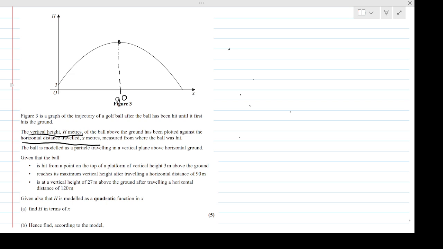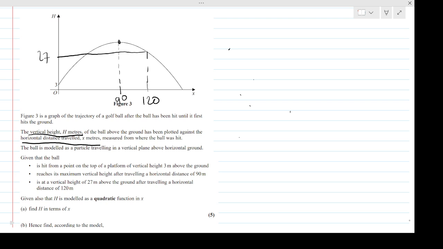So that's going to be that. It hasn't told us what this height is, but it's told us it's maximum at 90. And it is at a vertical height of 27 after it reaches a distance of 120. So 120 may be there, for instance. I don't know where, but that's 120, and so that's going to be a height of 27.